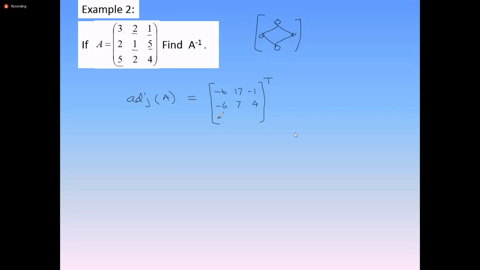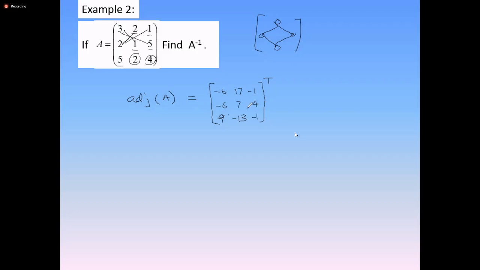Sorry, it is on the diagonal so it stays 9. Then this one: 3 by 5 minus 2 by 1, 15 minus 2, 13. Then minus 13. Then the last element: 3 by 1 minus 2 by 3, that is 3 minus 2, which is 1.